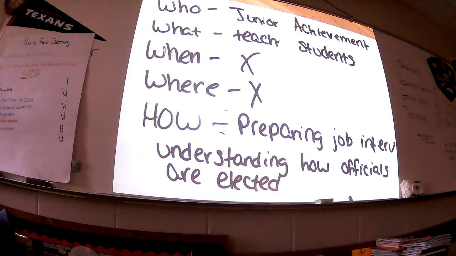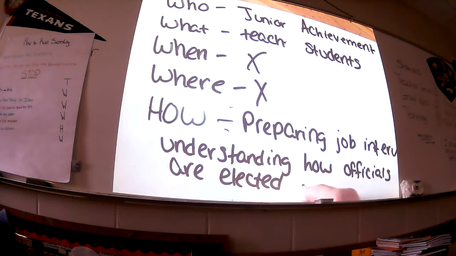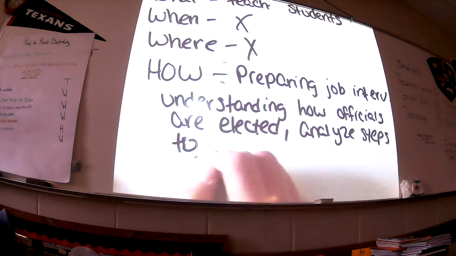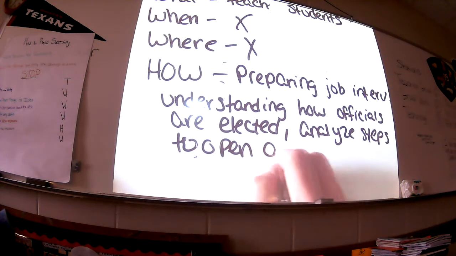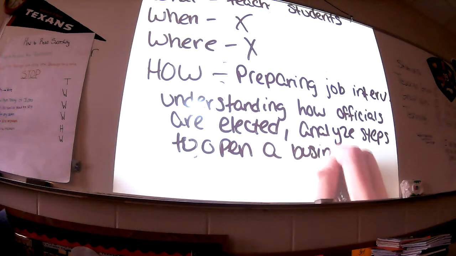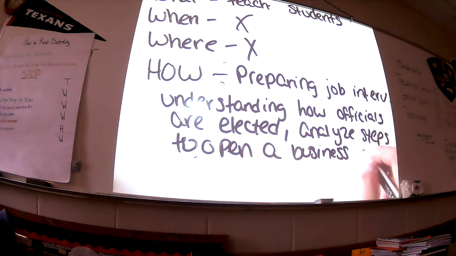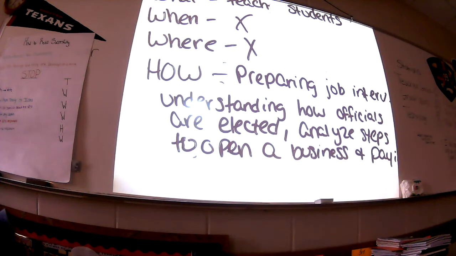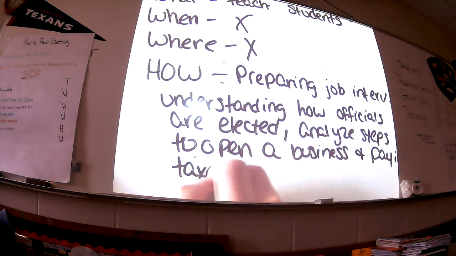And, okay, analyzing steps to open a business. And paying taxes. All right.